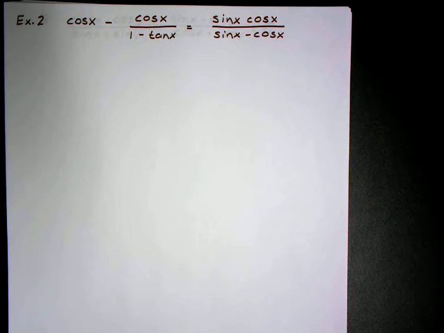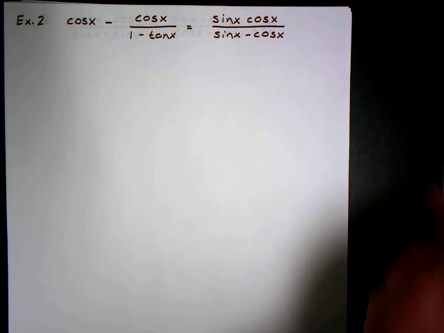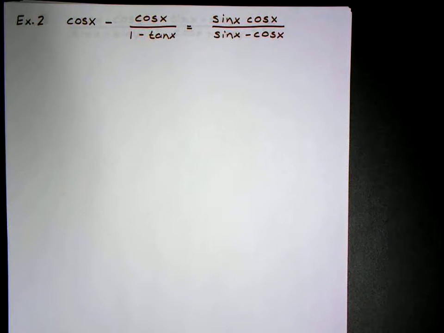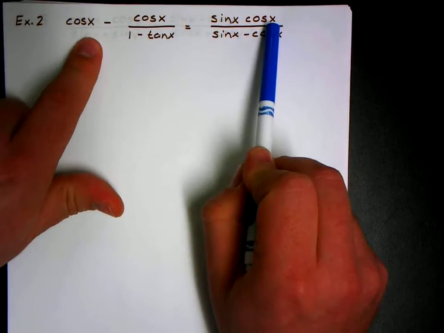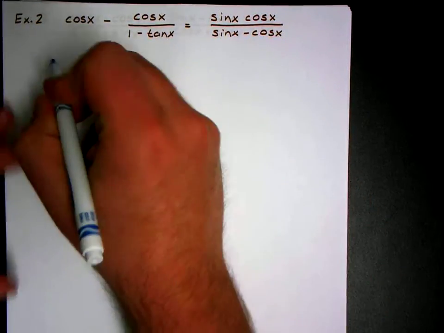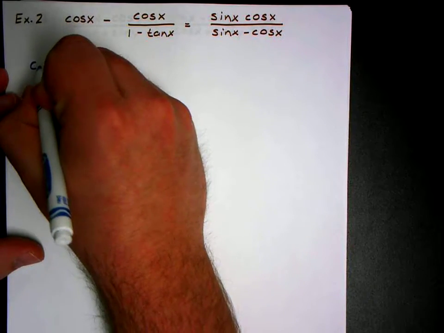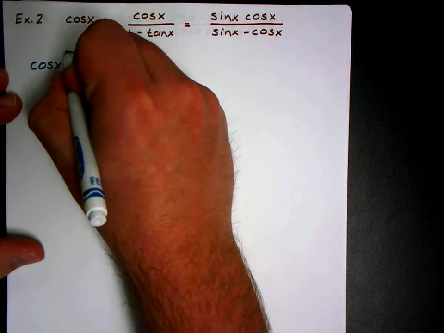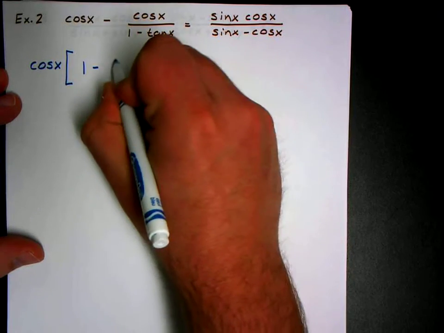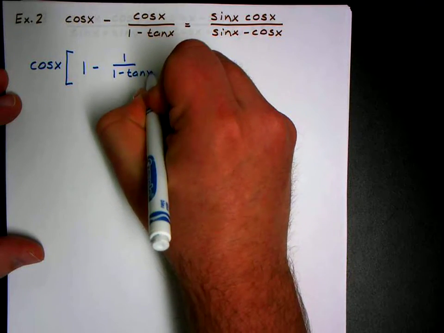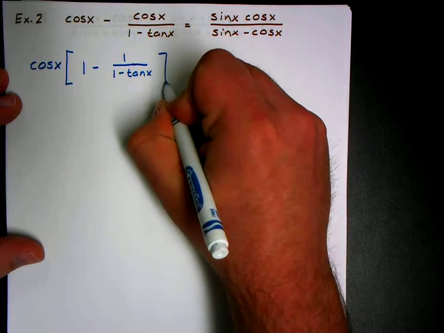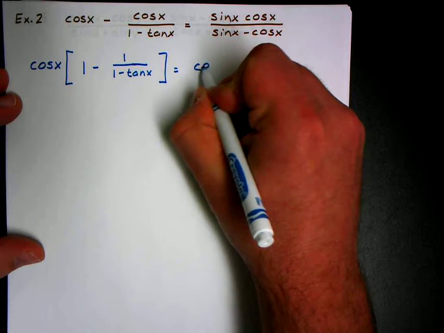Okay, I wanted to do this one to show you that you could work with both sides a little bit. First thing I notice is that both sides definitely have cosines, right? So what I want to do is eliminate that as an issue. So I'm going to take the cosine out of this side, and the cosine out of this side.